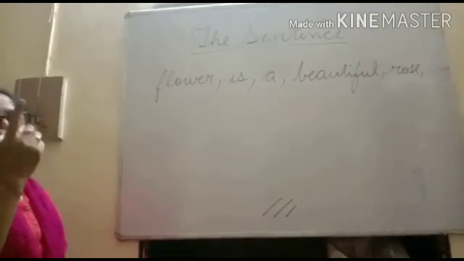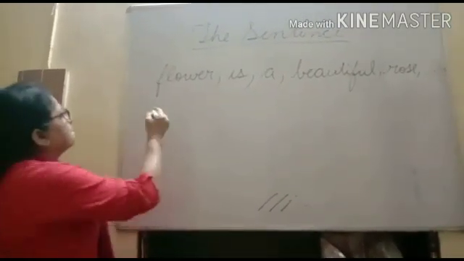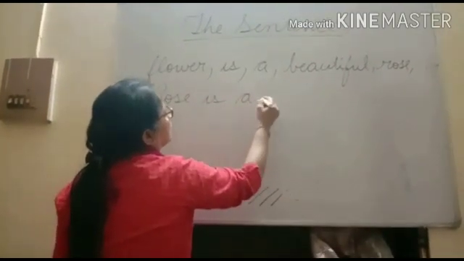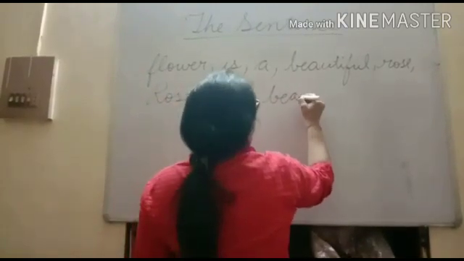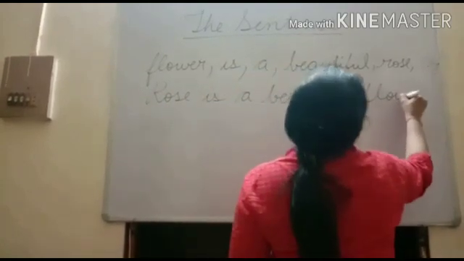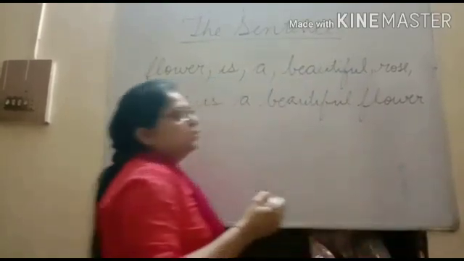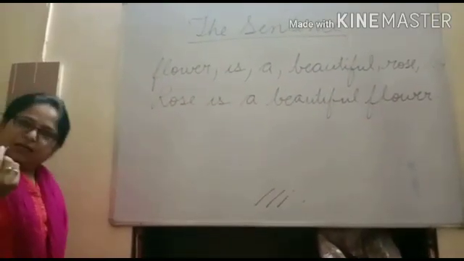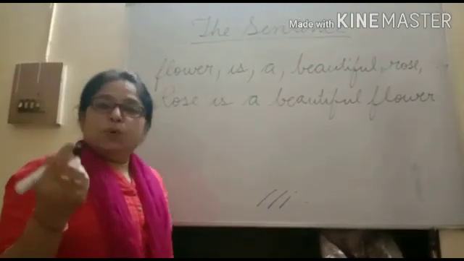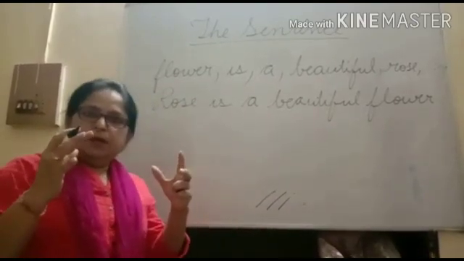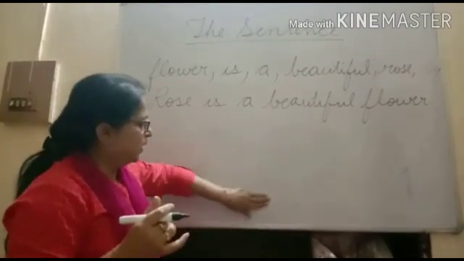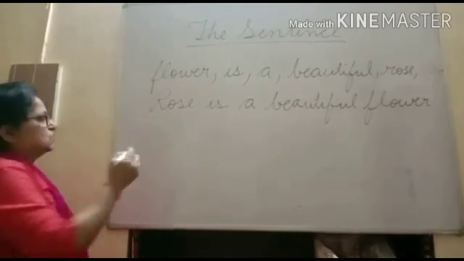No. Now I'm going to rearrange these group of words. Now does this make any sense? Yes. Rose is a beautiful flower. It is a sentence. When a group of words put together make complete sense, it is called a sentence. Simple. Now I am going to deal with kinds of sentences.